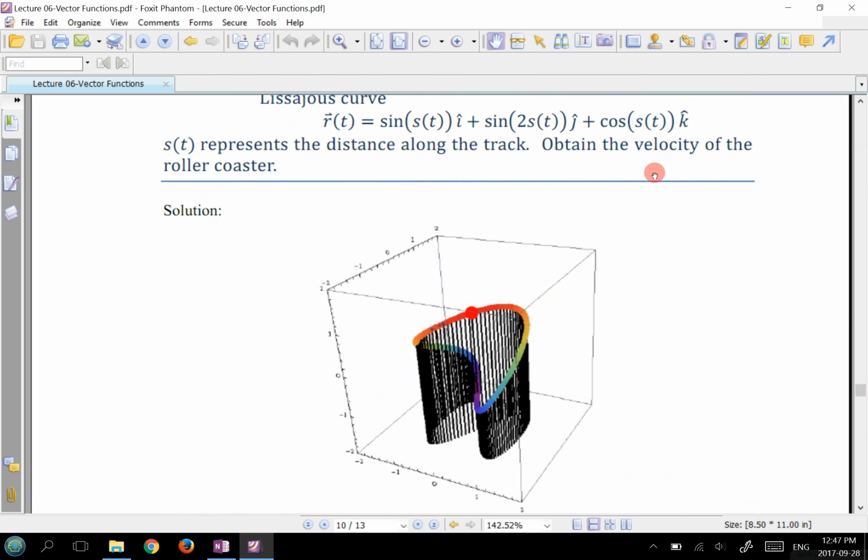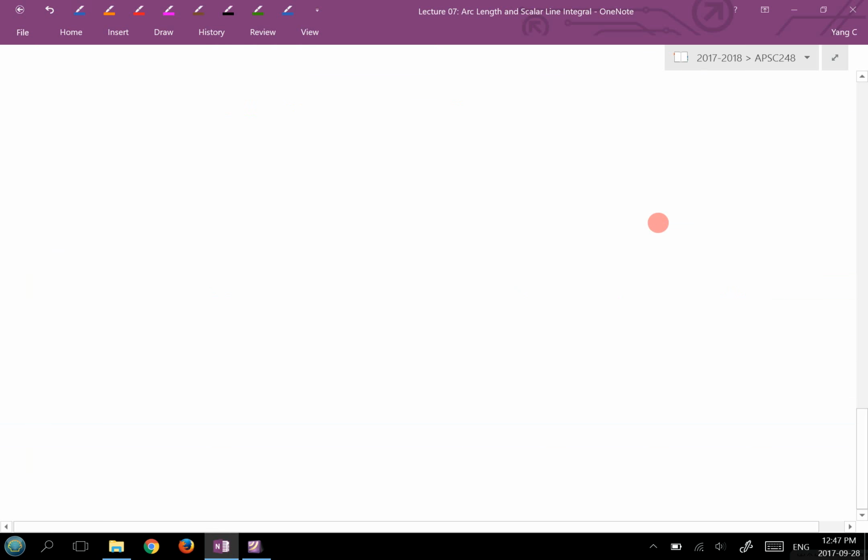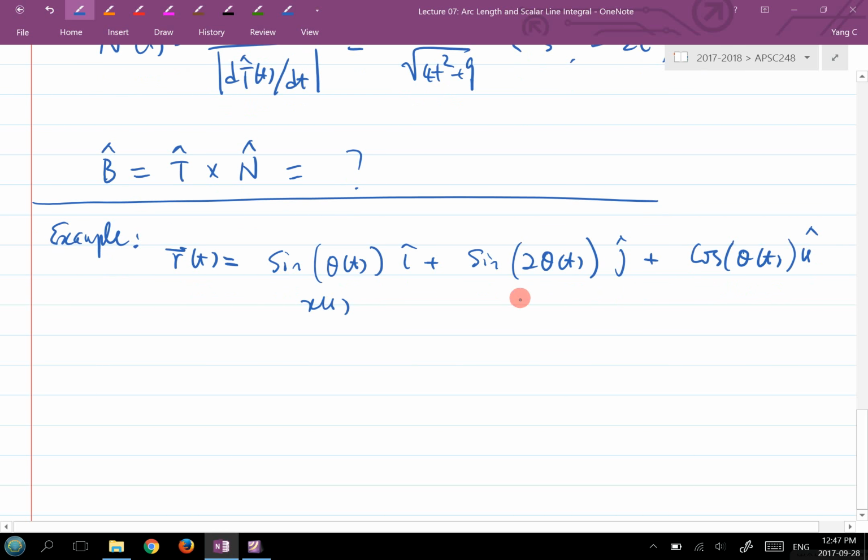If you look at this vector function, this is your x of t, this is your y of t, and this is your z of t. That only describes the trajectory of the curve. And x of t is a function of theta first, same thing for y, and z is a function of theta, and then theta is a function of time.